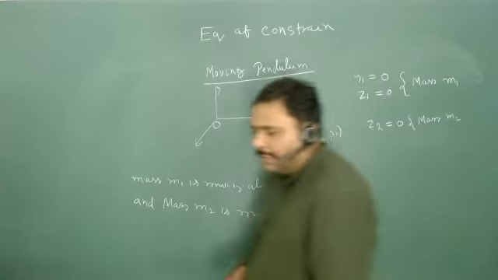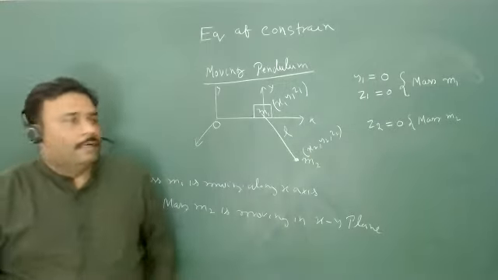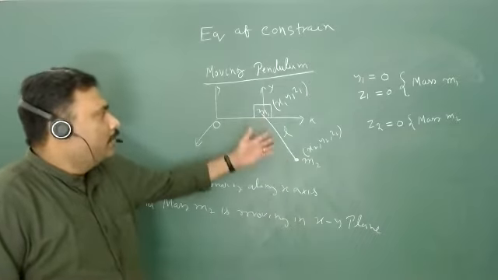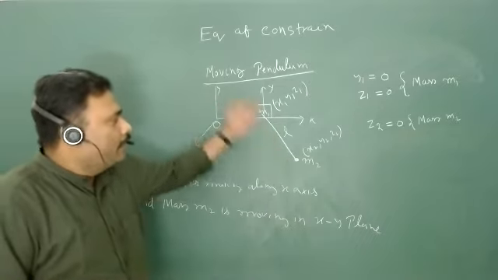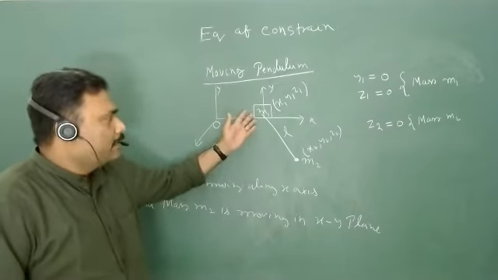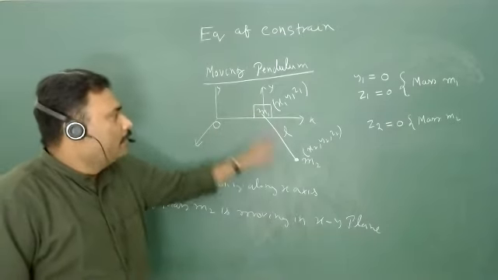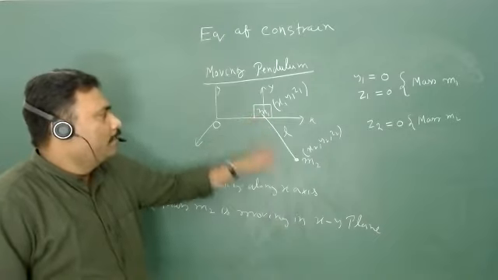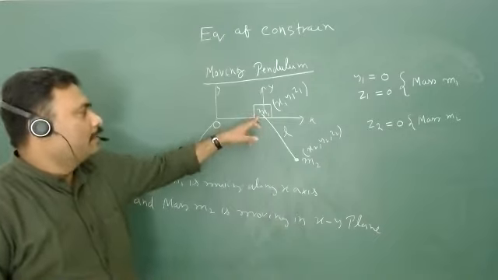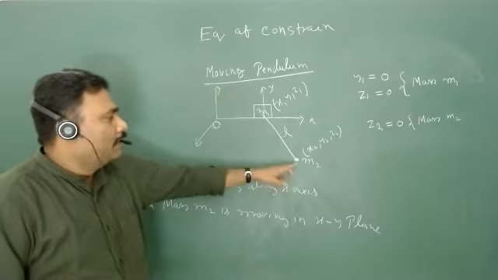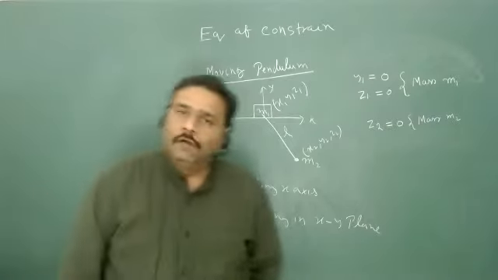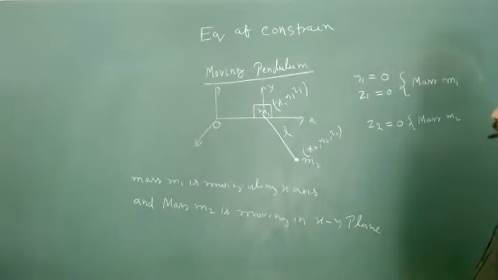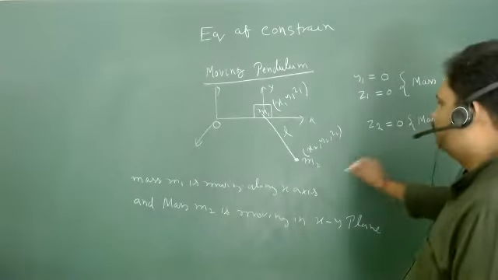Now, is there any story between m1 and m2? Is there any interconnection between m1 and m2? Yes. This length will always be fixed. Whatever be the situation, the length between mass m1 and m2 will always be fixed. So we will write this equation for this length.